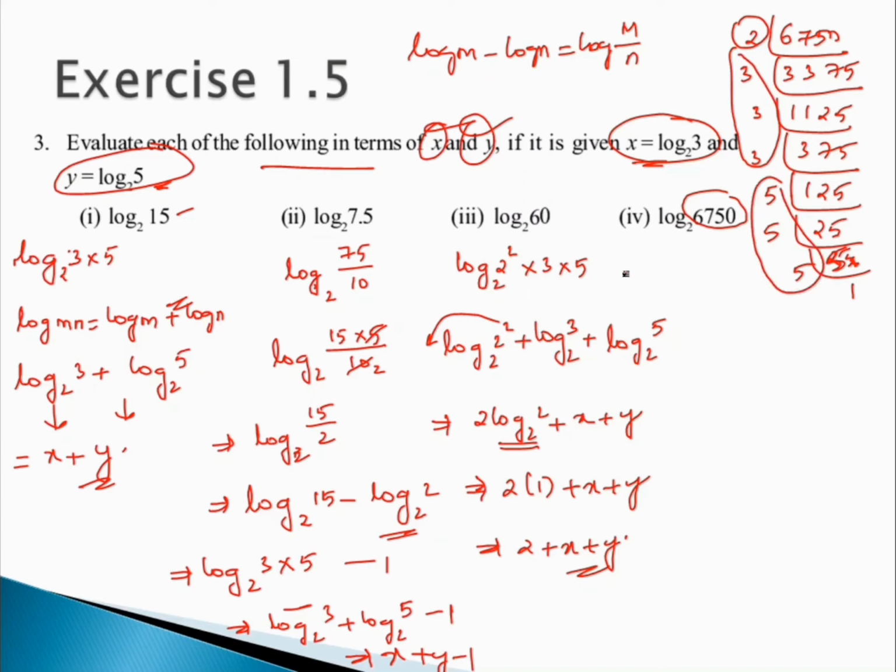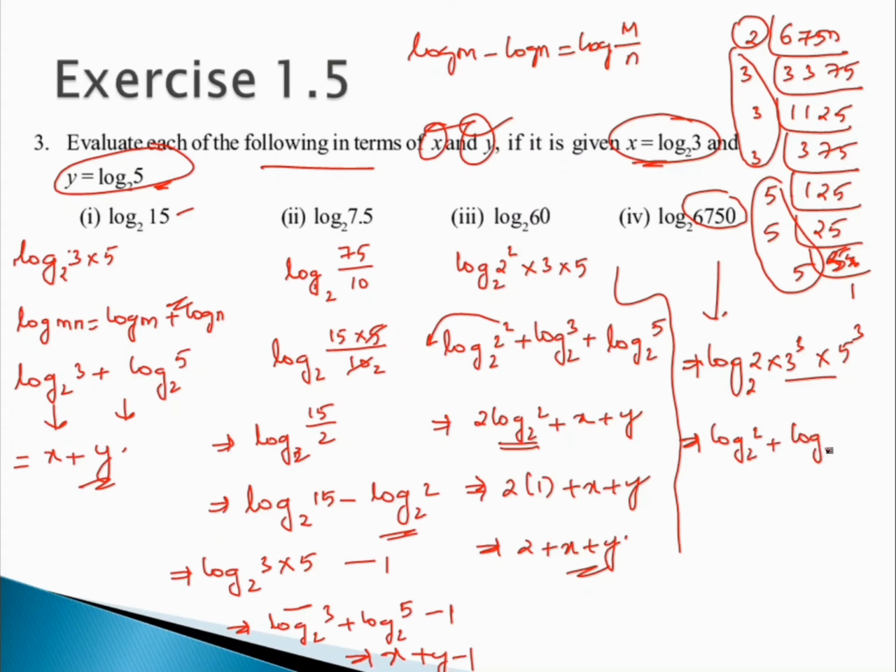Means let me write it and show it to you. This can be written as log 2 of 2 into 3 cube into 5 cube. If you are having multiplications, you are having log 2 of 2 plus log 2 of 3 cube plus log 2 of 5 cube. The value becomes 1.